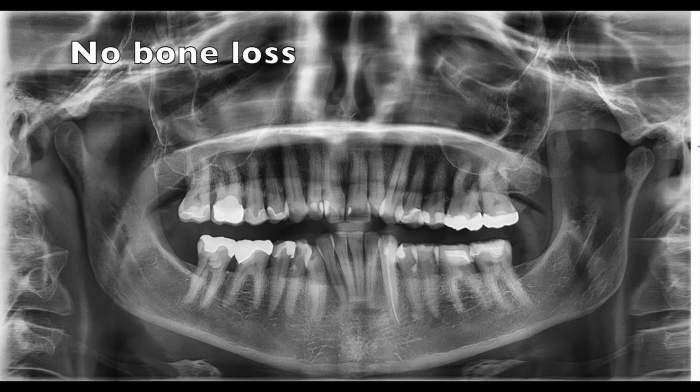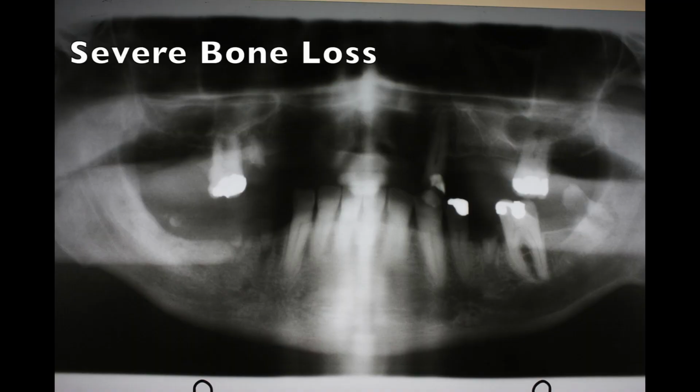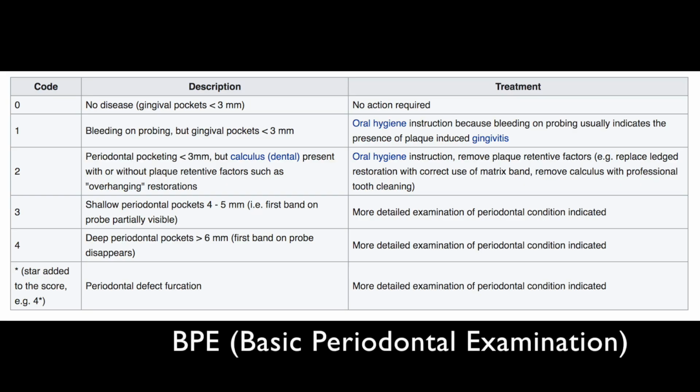We bolster that clinical diagnosis then with an x-ray that really all patients need before teeth are moved. In the first x-ray we can see very little to no bone loss, and the second more severe bone loss, resulting in loose and lost teeth. This is a table showing our gum measurement index, the BPE.